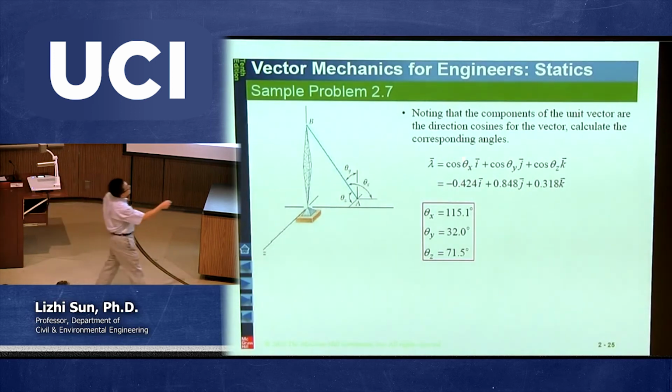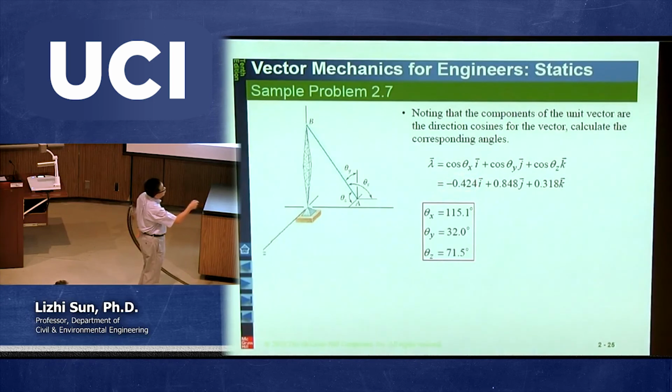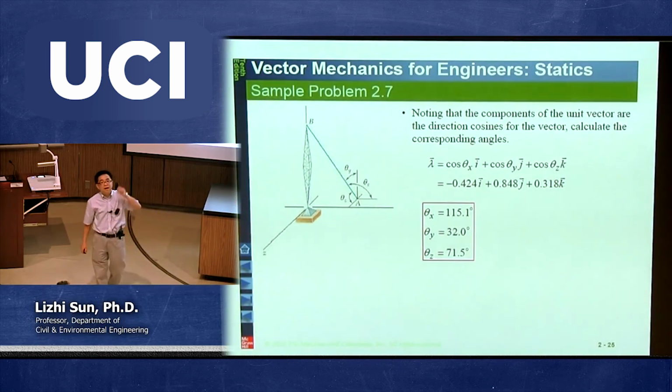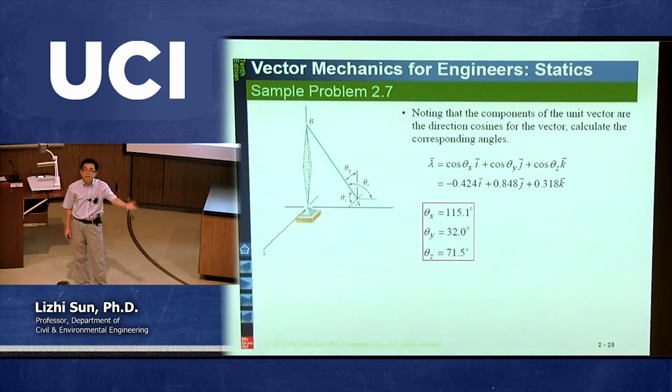In other words, cosine theta x equals negative 0.424, right? And cosine theta y should be equal to 0.848. And cosine theta z should be equal to 0.318. And then you, again, use your simple but scientific calculator to get those 3 angles by taking the inverse of the cosine function. And these are the solutions.